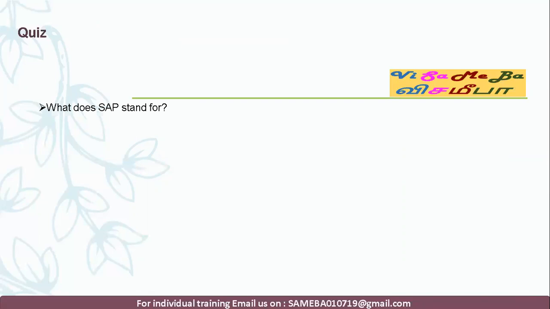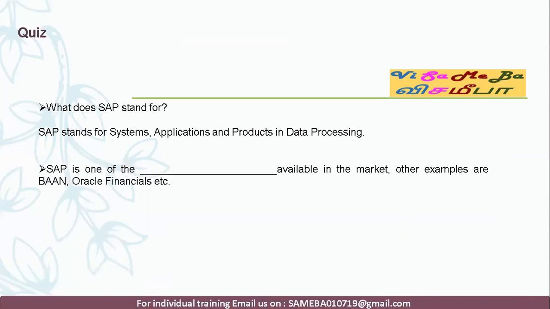What does SAP stand for? SAP stands for Systems, Applications, and Products in Data Processing. SAP is one of the ERP systems available in the market.